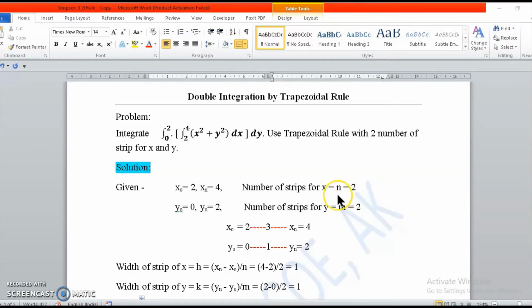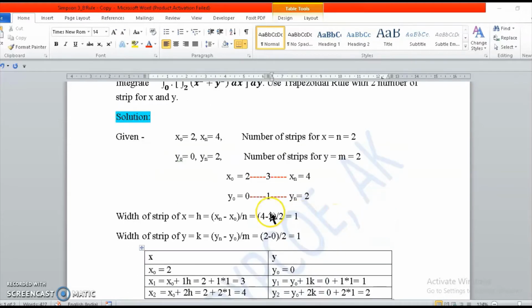Now what will this m and n do for x and y respectively? Let us see that. Let us consider x0 is 2 and xn as 4, which is given in the problem. So the total length will be divided into the given number of strips.